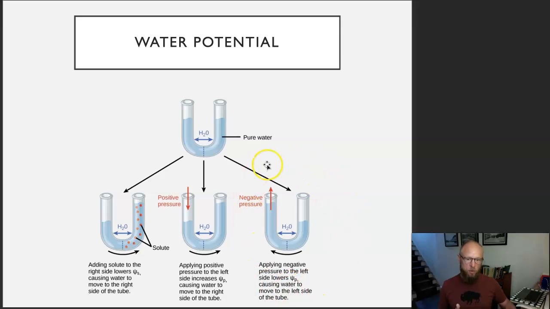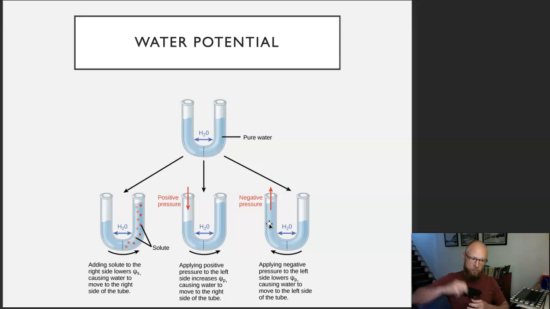But if we jump over on the left side here, we can see another reason why the potential energy of water can change. So this time on the left side of this tube, we've applied a vacuum or negative pressure, or we could think of it like tension on the water. So all of these molecules in the water are kind of adhering to each other.